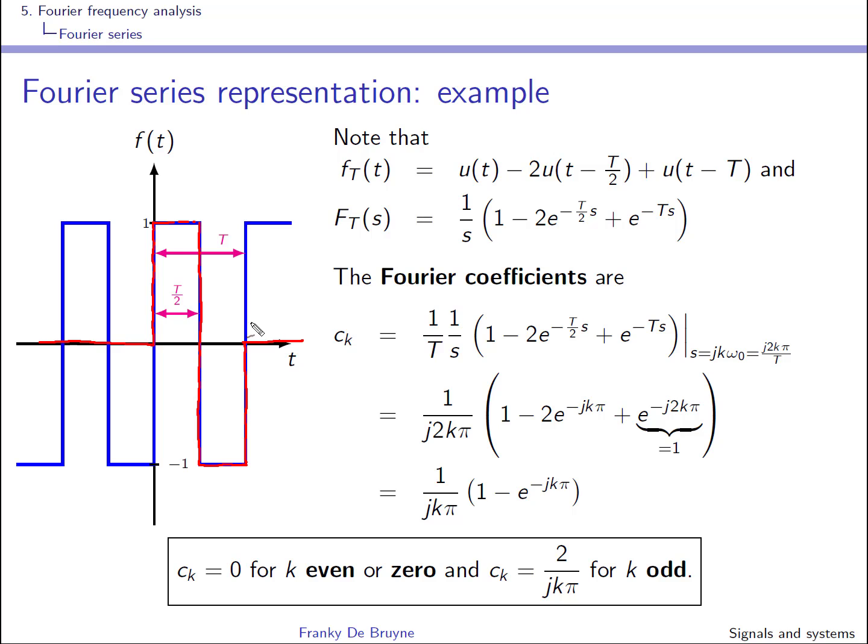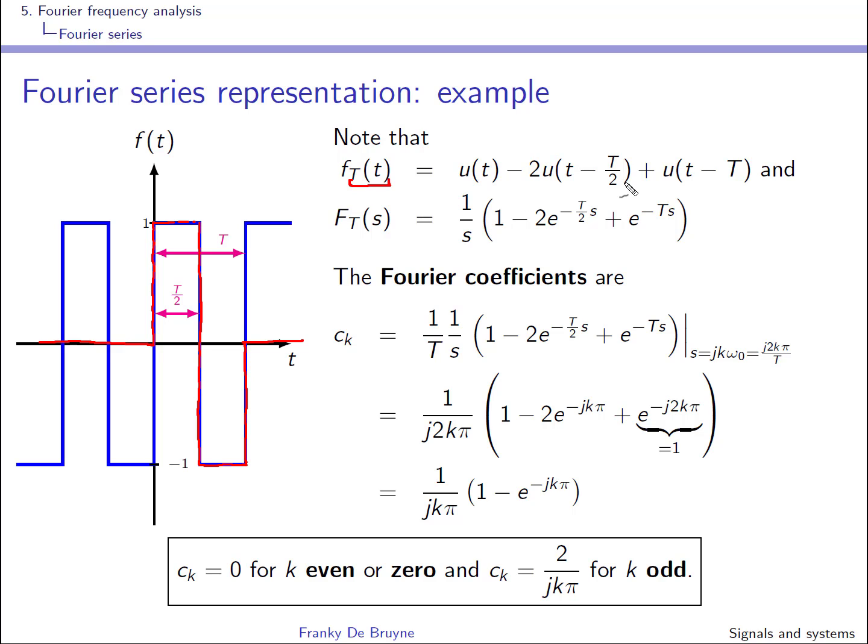And here it is, and it is this function over here. And this function, we've seen this before, you can construct using steps at t equals 0, t equals the period over 2, and t equals the period.